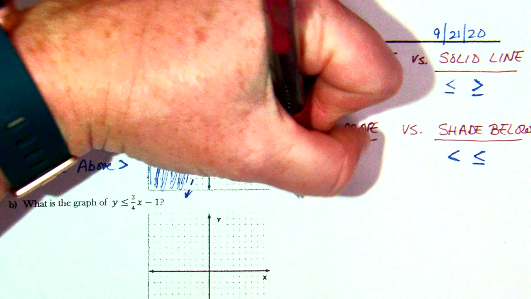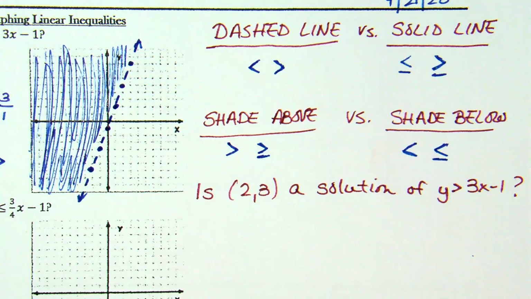I'll give you a moment to write that information down. I'll zoom in a little bit so you can see that. This is the next question we're going to talk about. It's kind of a side note question, but it's a really important question. So is the ordered pair 2, 3 a solution?